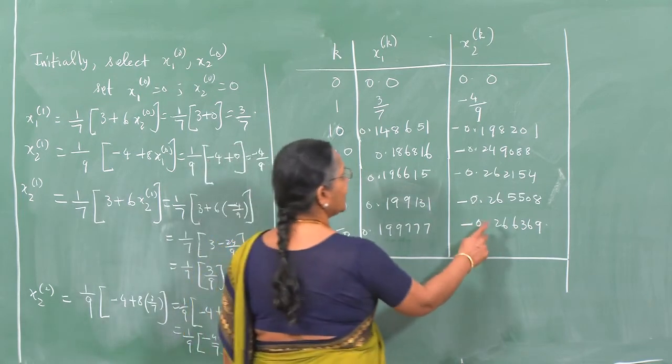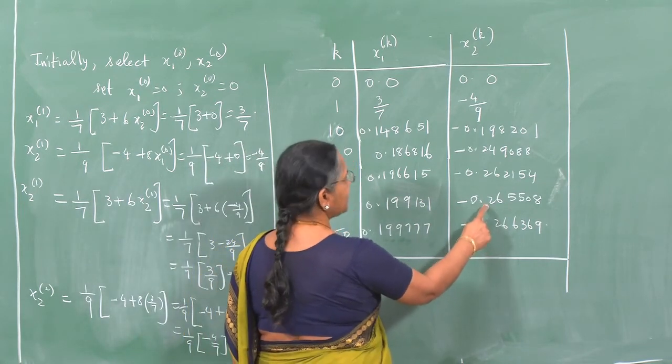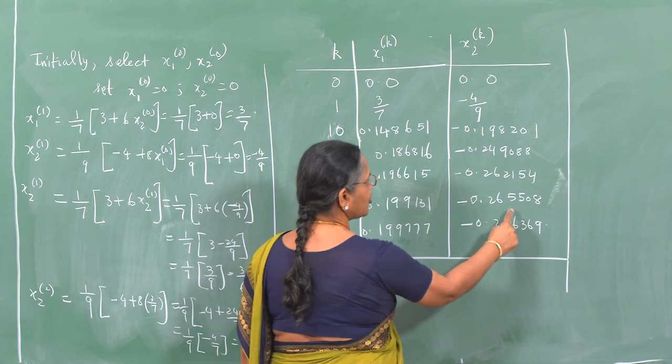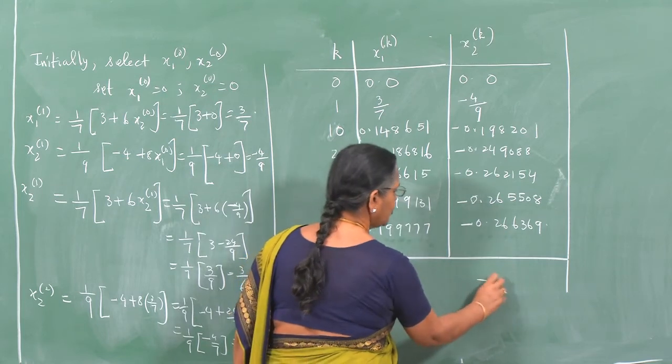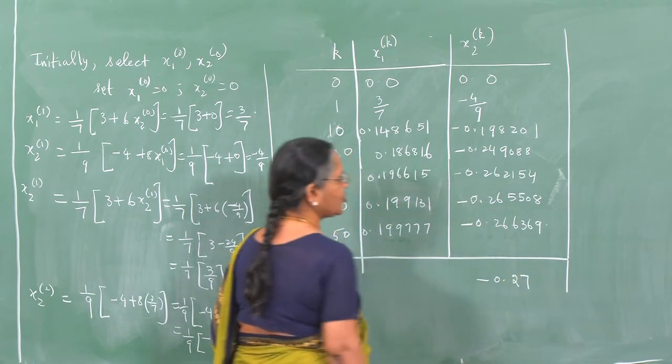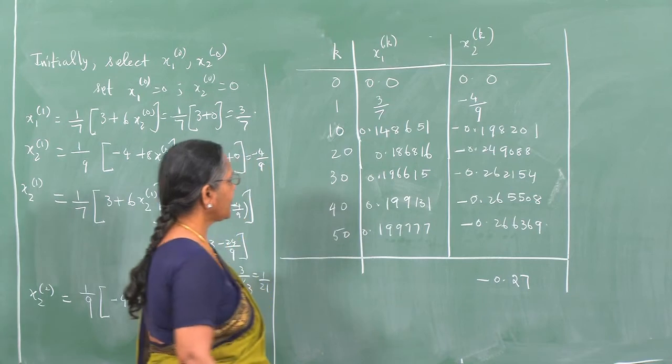So, the second variable x2 has been determined correct to say 2 decimal accuracy, and the solution is minus 0.27 correct to 2 decimal accuracy.